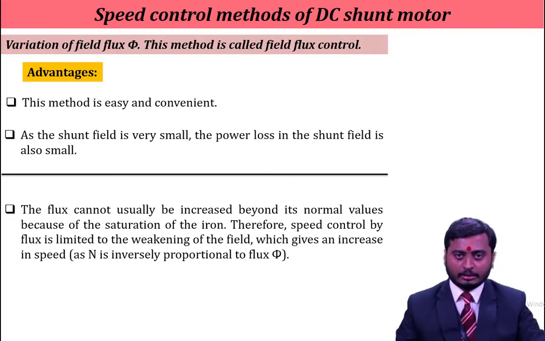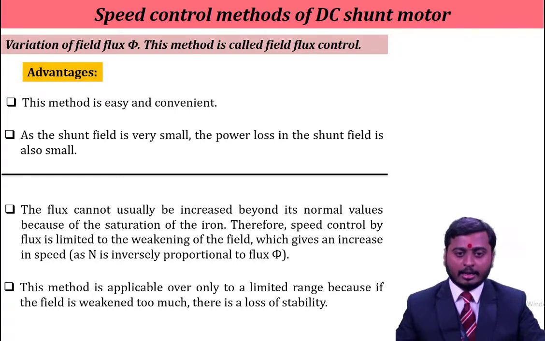So here you observe that as your phi decreases, your N also increases. Therefore this method is used for controlling the speed of a DC shunt motor above rated speed. Again, it is applicable only to a limited range, because if the field is weakened too much, there will be loss of stability. So this is about the field flux method, that is phi.